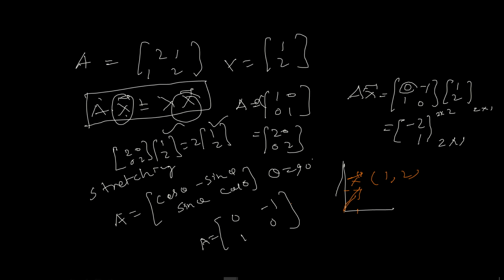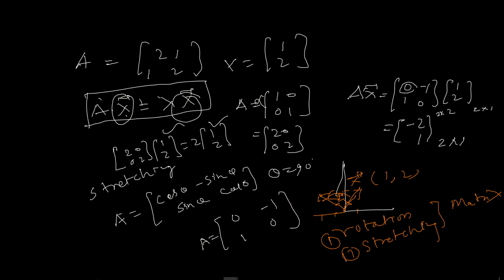It is 90 degrees, so you have rotated this vector by 90 degrees. So another thing is rotation: first rotation and stretching. This matrix can do that, and you can combine both. So for any vector x1, x2, multiplying with a matrix, I can perform these two basic operations, rotation and stretching, which are covered here.